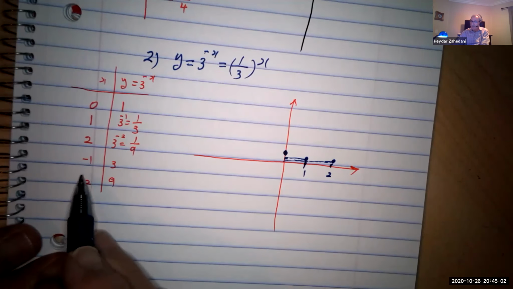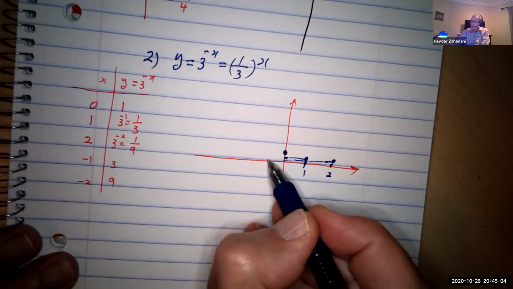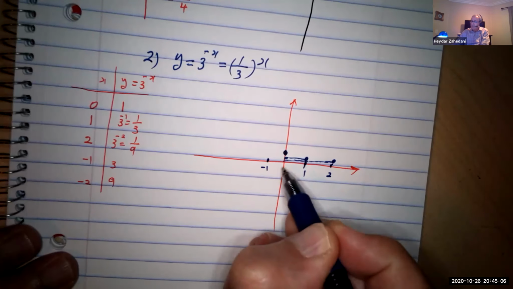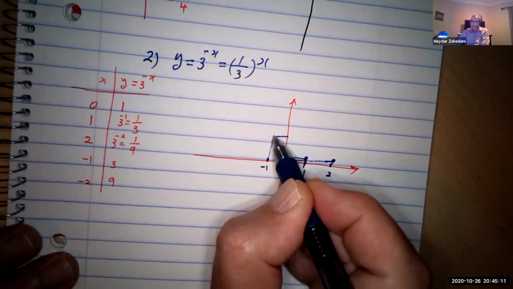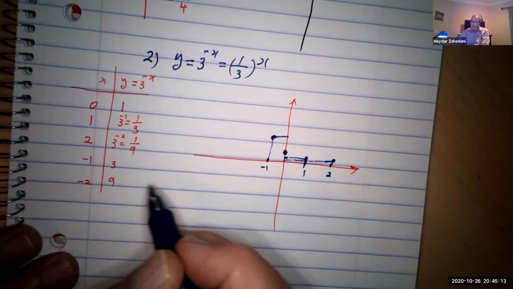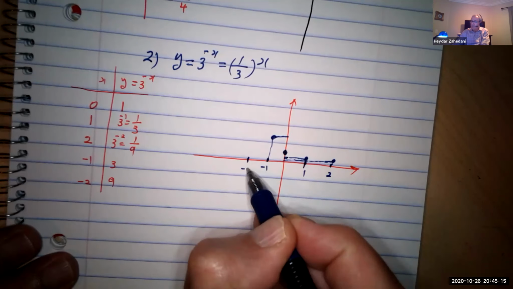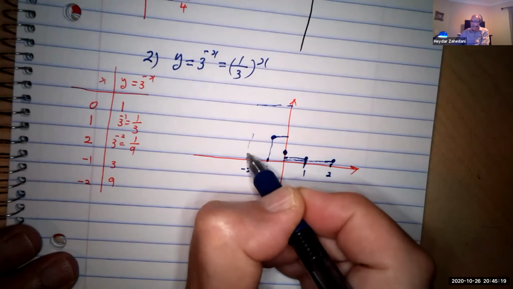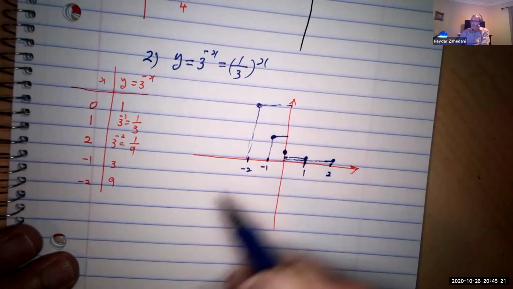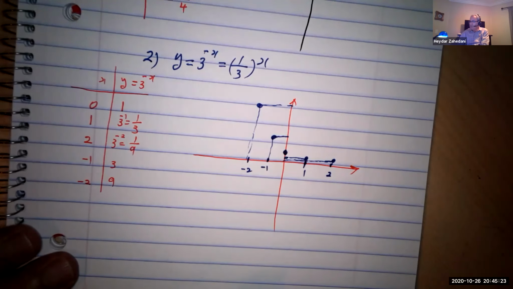Okay, but if x equals negative 1, it would be 3, so 2, 3. And if you get negative 2, it's going to be negative 9. Suppose this is negative 9. You see, if you connect them together, this time it's the other way around.